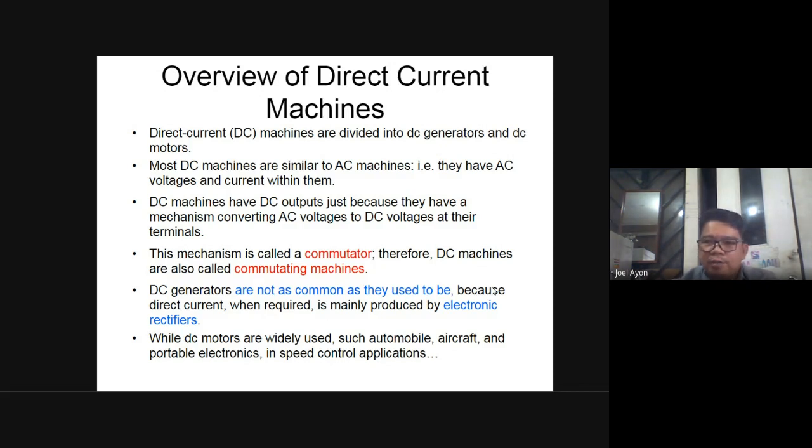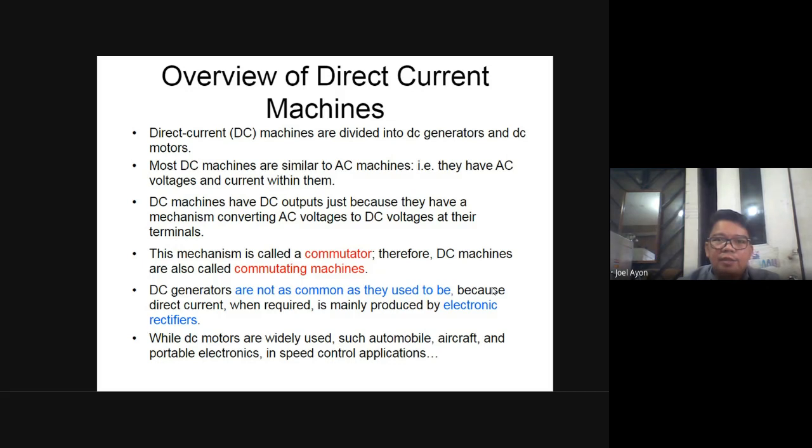By the way, if you have questions or clarifications, class, you can ask and interact with me so that I can address your questions or clarifications. Again, DC machines or DC motors use a DC supply, while AC motors use an AC supply.